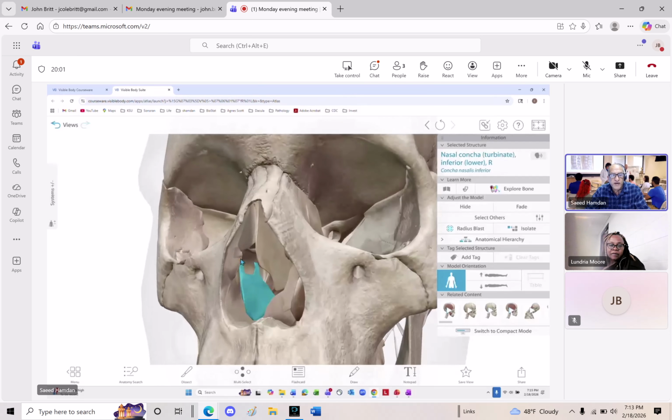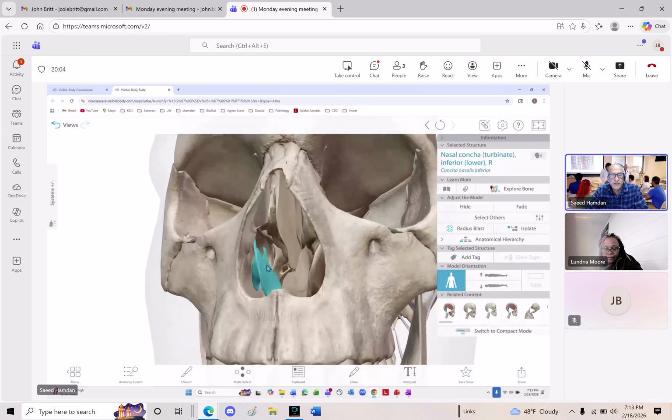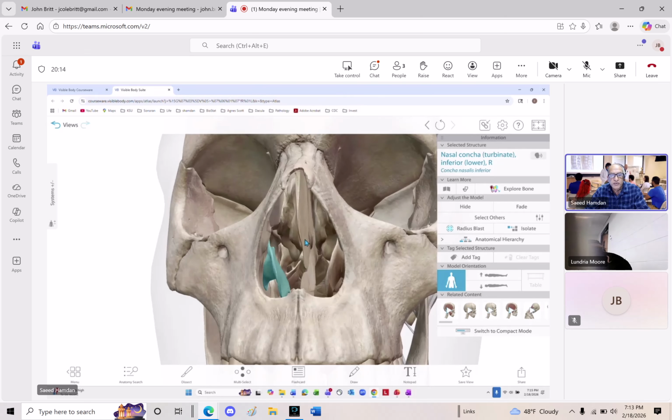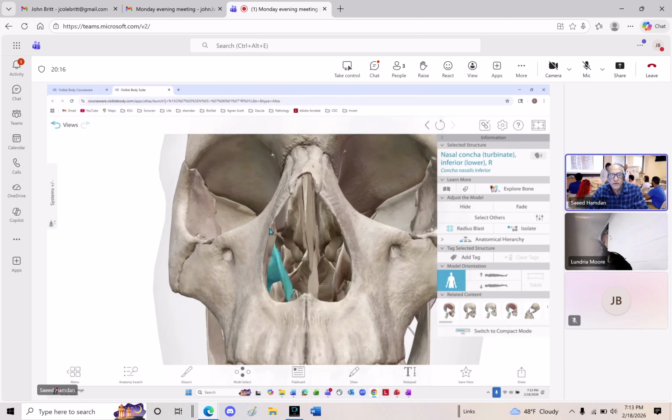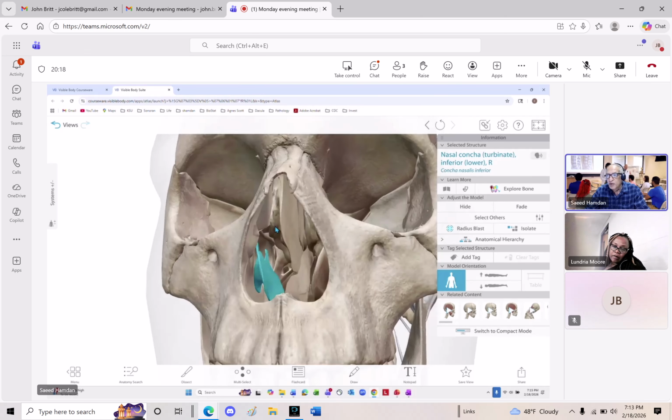Remember, the inferior nasal concha is just a bone by itself, and it's a facial bone. That's basically what this is. The inferior nasal concha right there. Now, the middle and the superior, you don't see them in this view because they are part of the ethmoid bone. But the inferior, you can see it here.